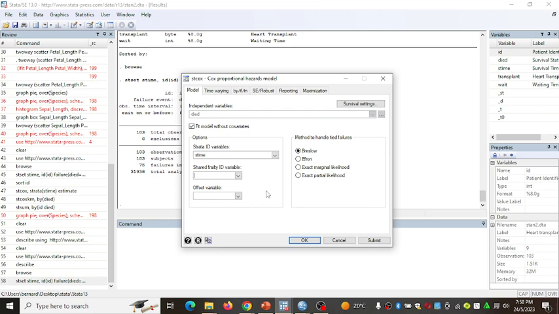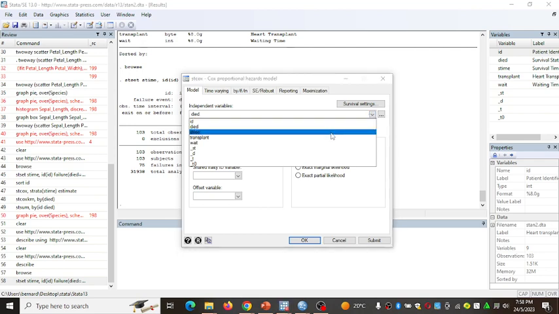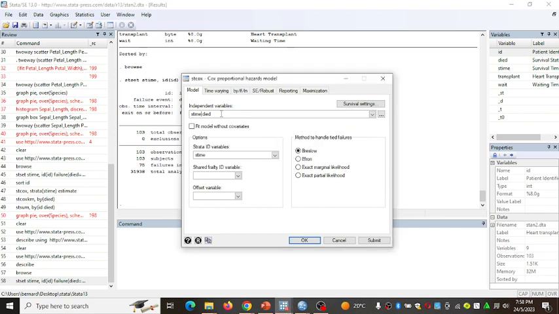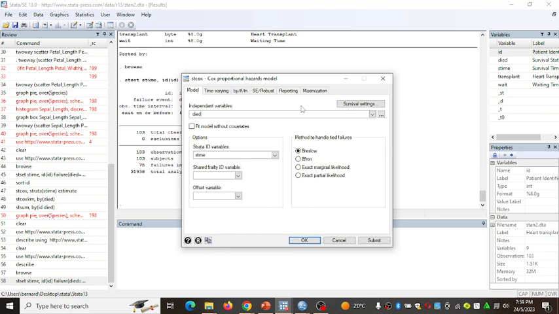Survival time. I want us to set our time, for example, our time to be just one, and let's have our independent variable as died, so that we can have the proportional hazard model for death and time.